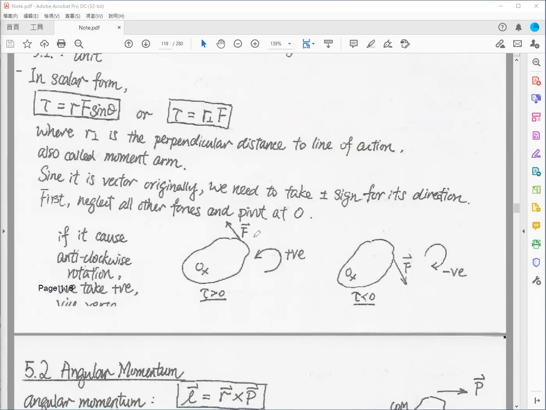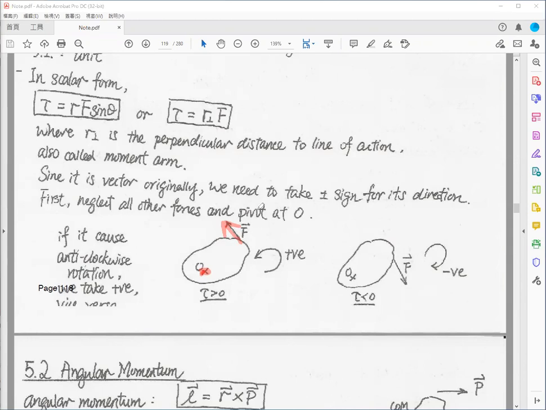We just look at the effect of the force. Let's say you apply the force at this point, and you let this point be the reference point to take the moment. You just consider this point is fixed, but the object can rotate about this point.